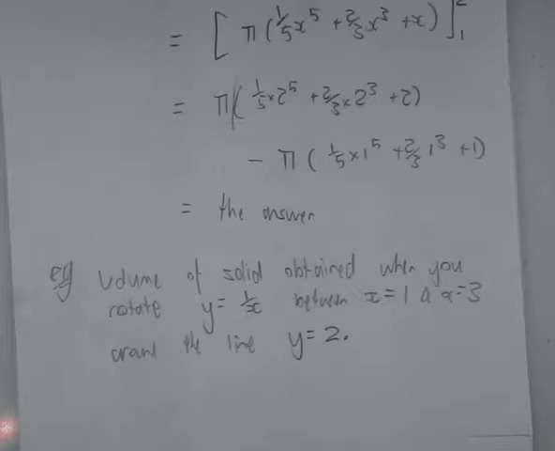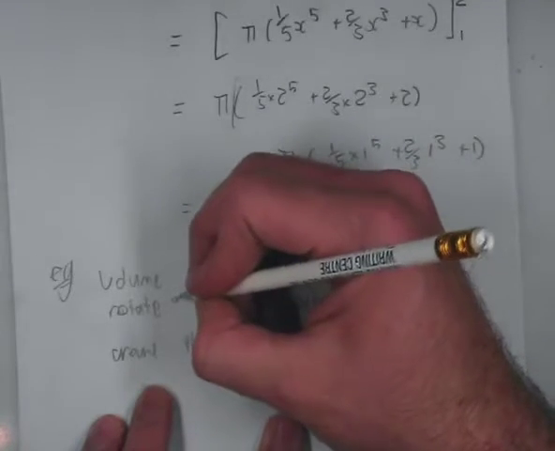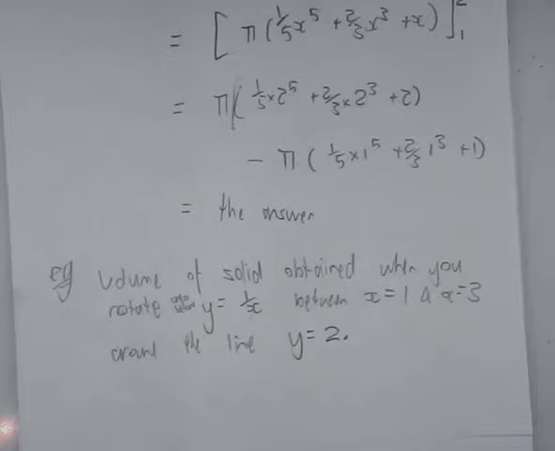Right. So I should say the area between, shouldn't I? The area below y equals 1 over x between x equals 1 and x equals 3 around the line y equals 2. Cool, so we've got the same trick again.